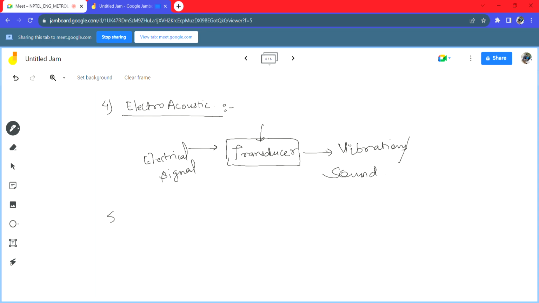Another type of this transformation is photoelectric energy transformation.